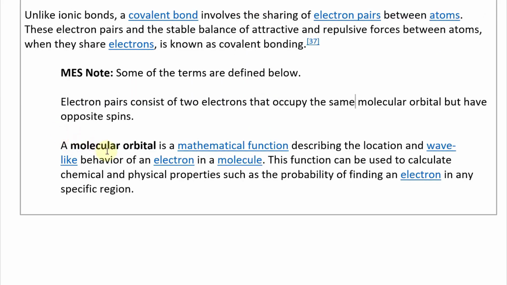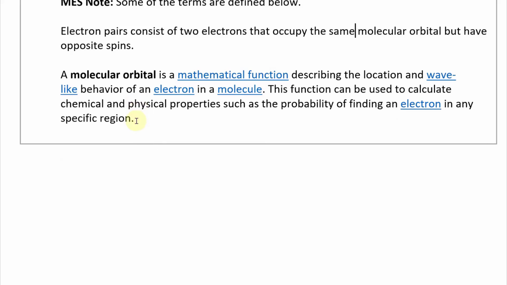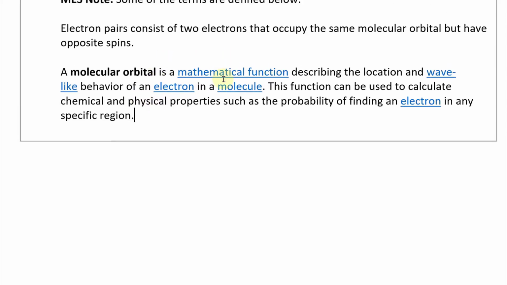So a molecular orbital is a mathematical function describing the location and wave-like behavior of an electron in a molecule. This function can be used to calculate chemical and physical properties such as the probability of finding an electron in any specific region. So yes, it's a lot of this electromagnetism, chemical analysis, light and electrons and so on, and charge has a lot of abstract mathematical functions involved, at least on the mainstream theory side of this.